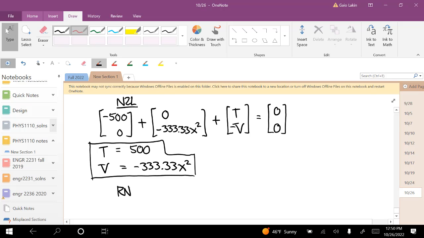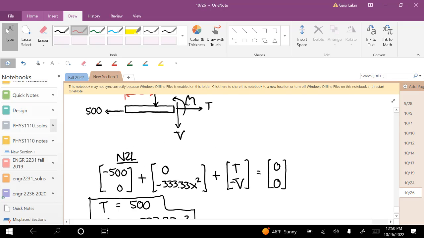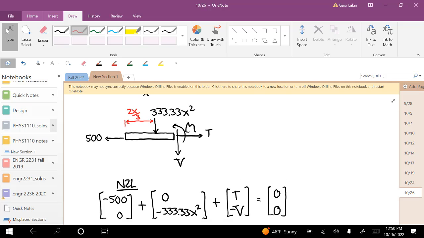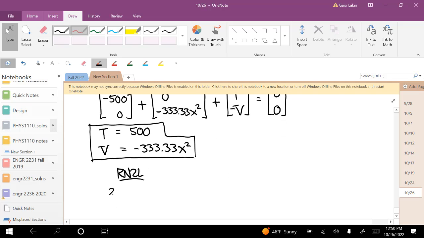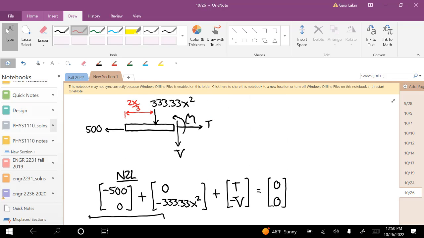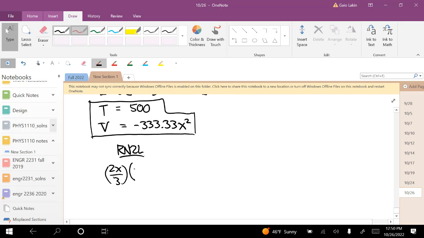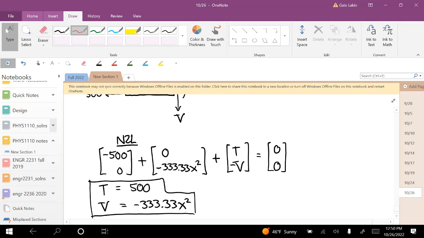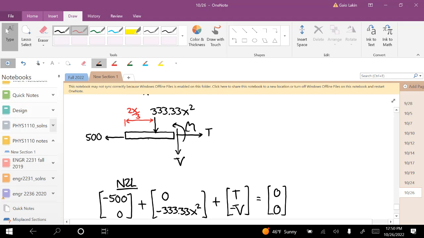And now the moment equation. We have a moment arm of 2x over 3 times this force of 333.33x squared. Is that a clockwise or counterclockwise rotation?